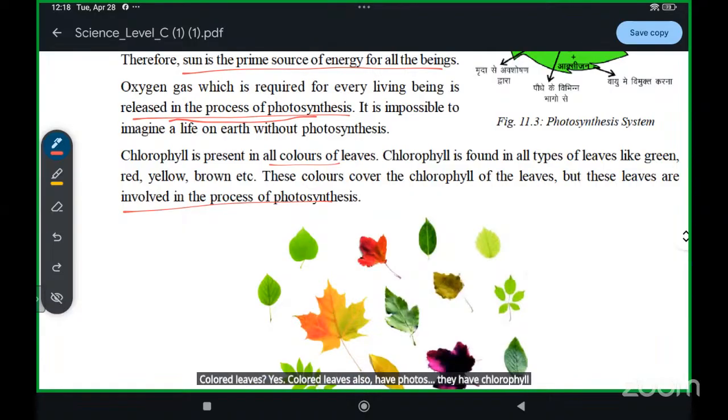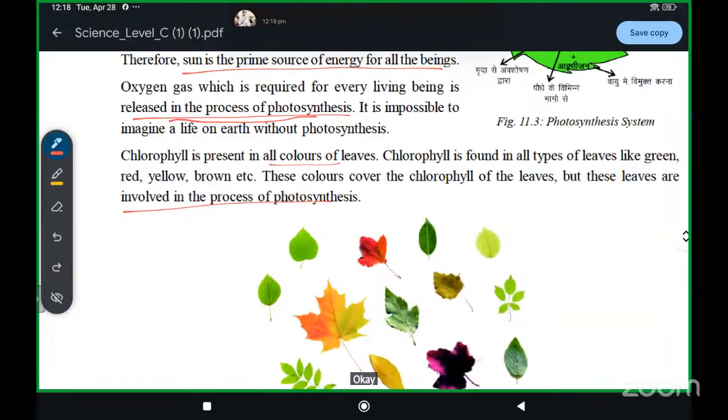It's not that only the green leaves can make their own food. Colored leaves also have chlorophyll and they can make their own food.